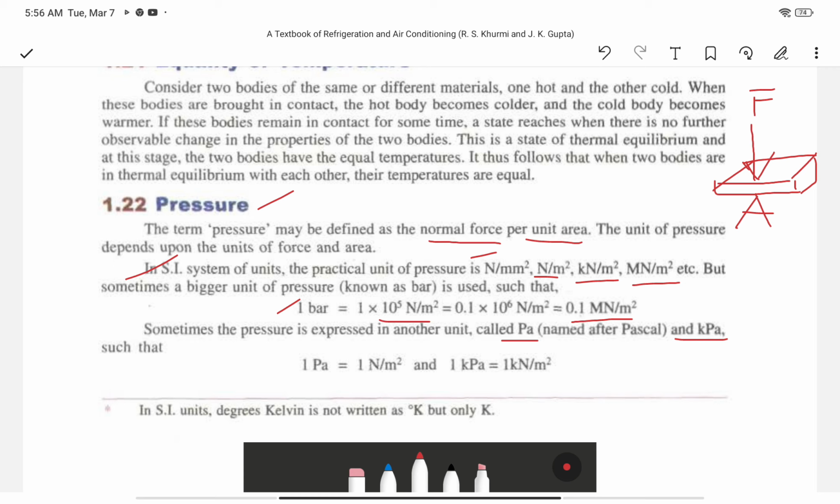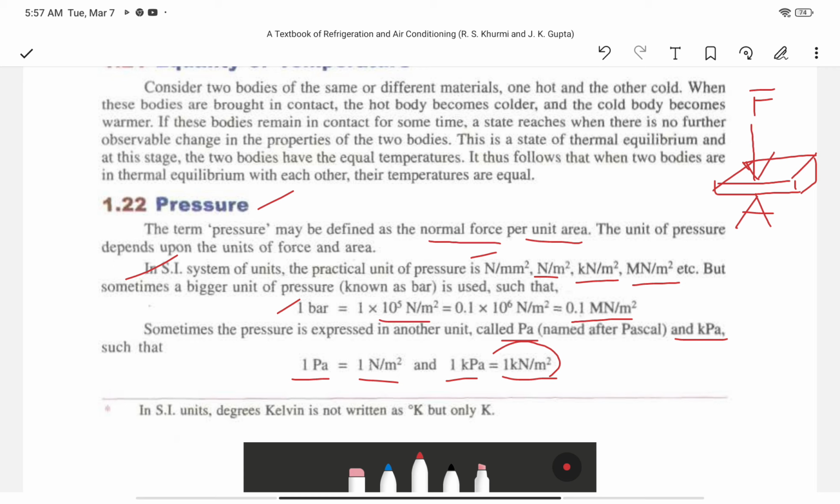Remember, this is very important because sometimes exams can be purely a unit-based problem. So 1 Pascal is equal to 1 Newton per square meter, or 1 kilopascal is equal to 1 kilonewton per square meter.